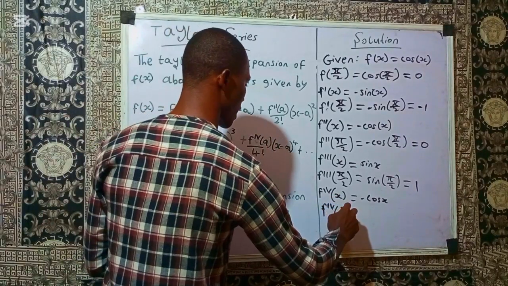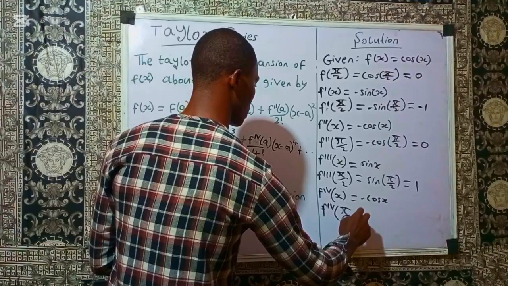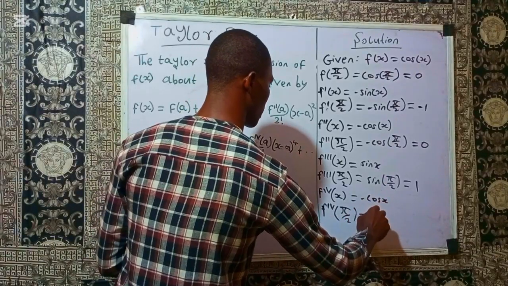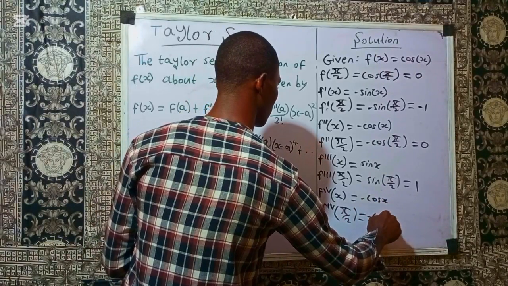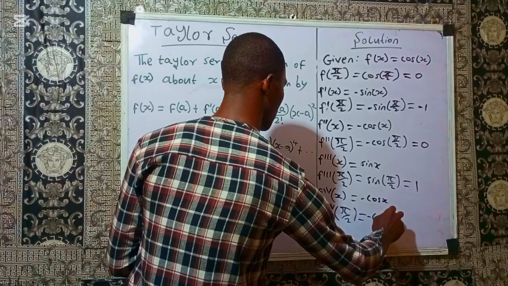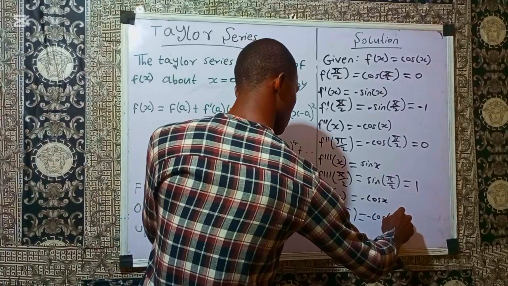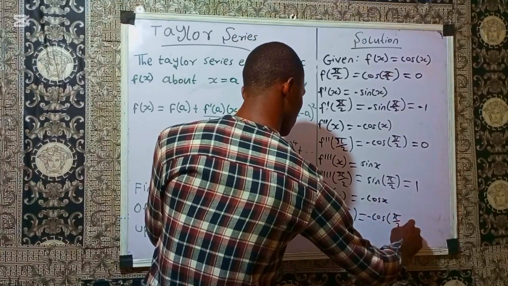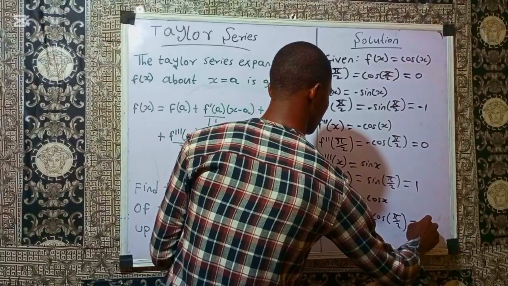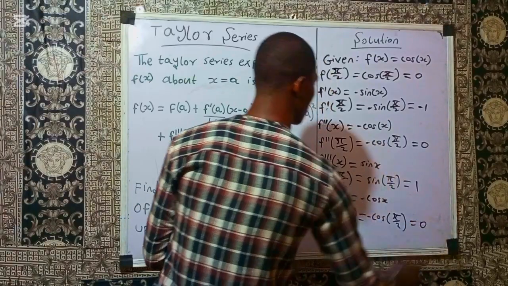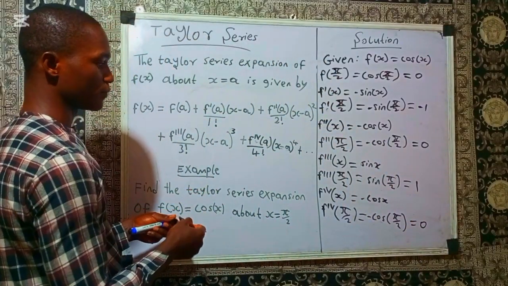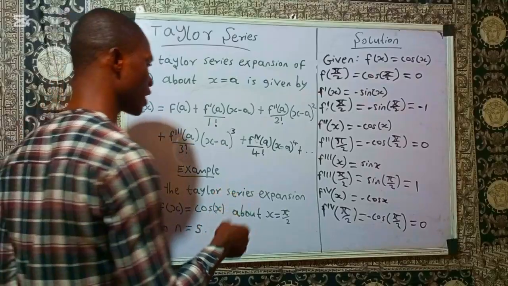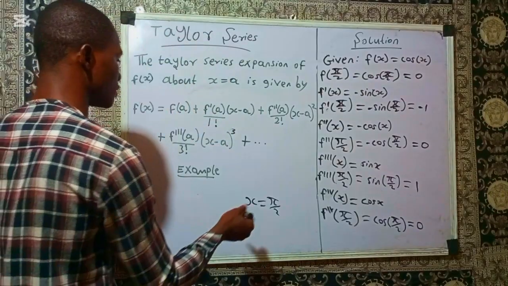Our point is pi over 2. So you put pi over 2 here. Negative cosine of pi over 2. And this gives you what? 0. Because cosine pi over 2 is 0.